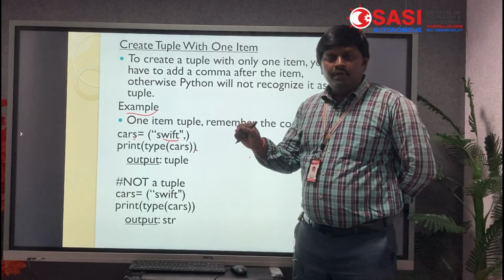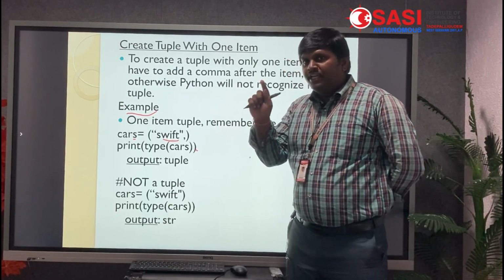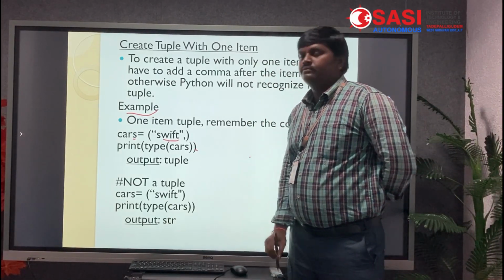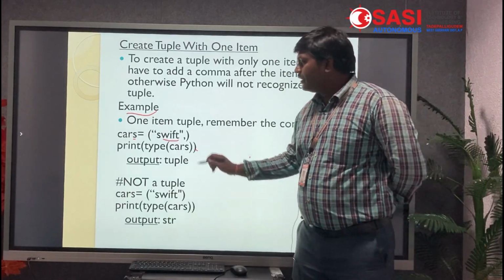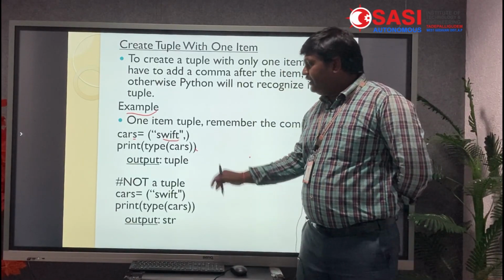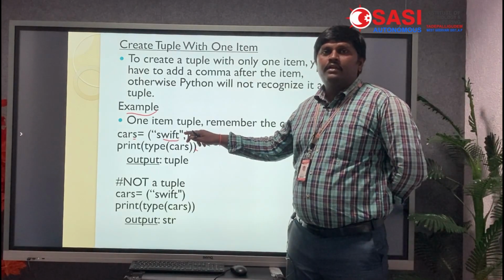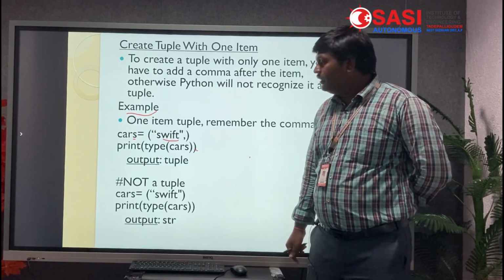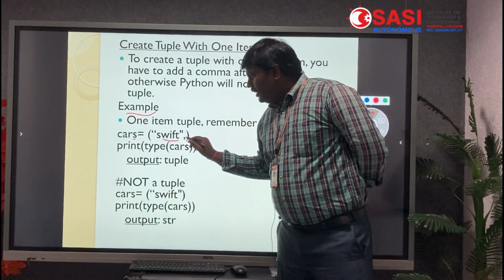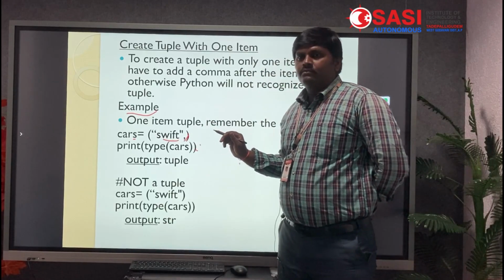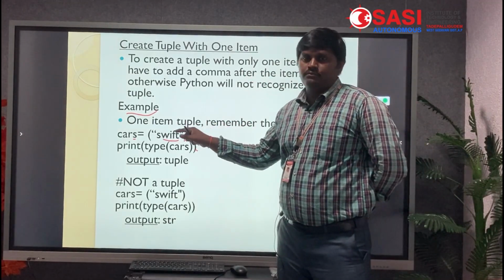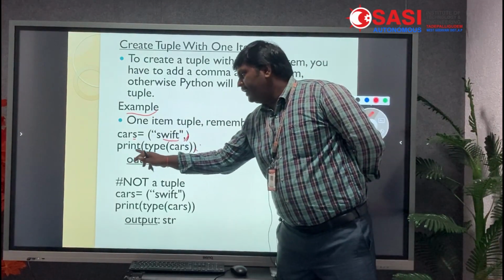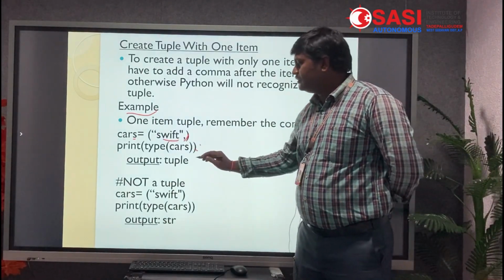To declare a single item in a tuple, we must declare a comma. Without the comma, it is not treated as a tuple. In case of a single value, we must declare the comma. Print type of cars, it returns tuple.